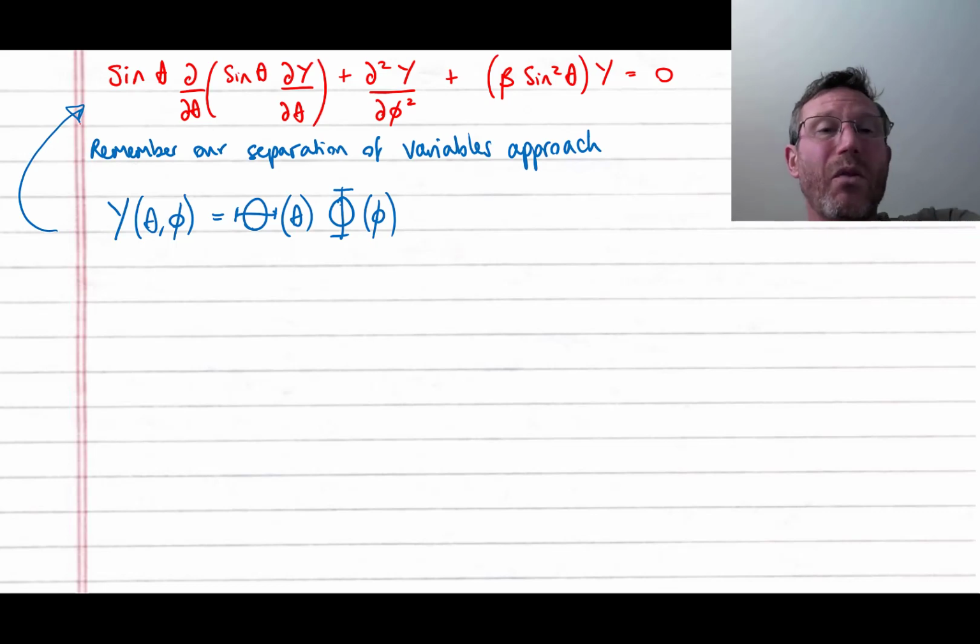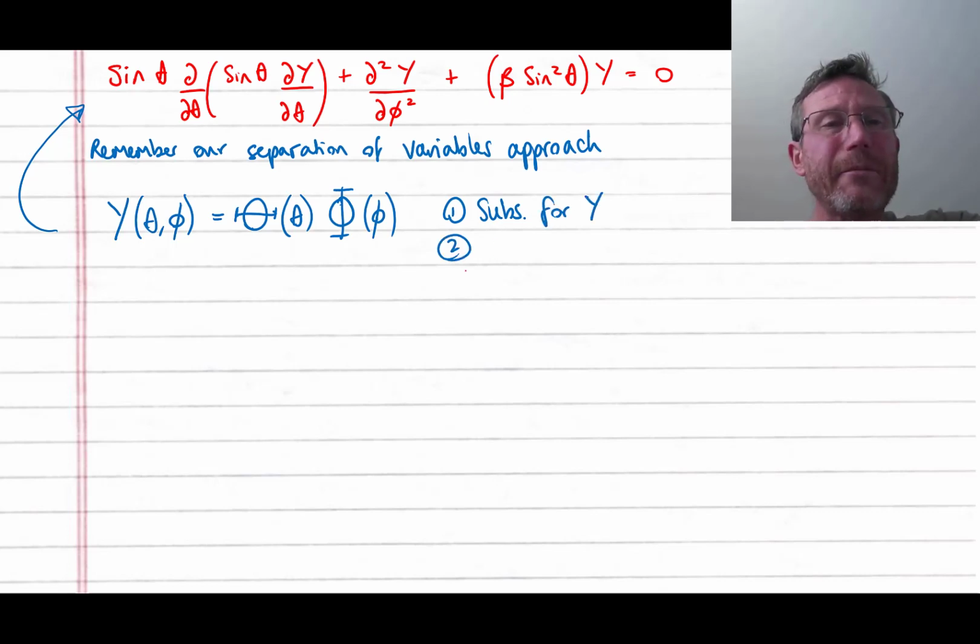And so what else do we do in this particular case? We substitute. So we're going to first substitute for y, and then second we're going to divide by y, so that we can end up separating our terms.